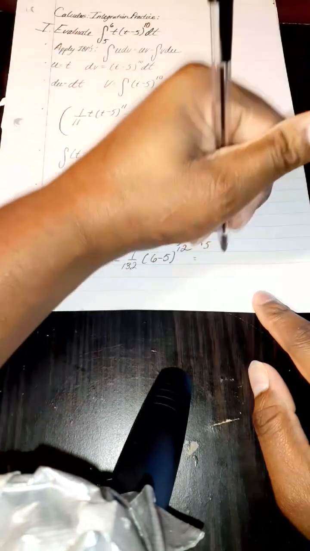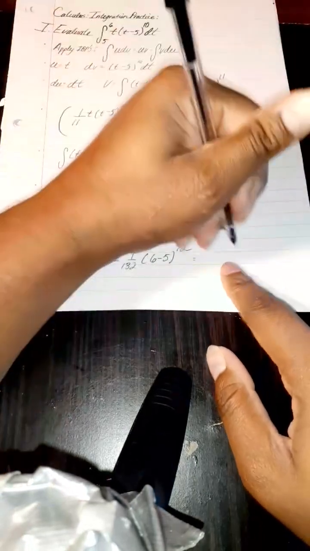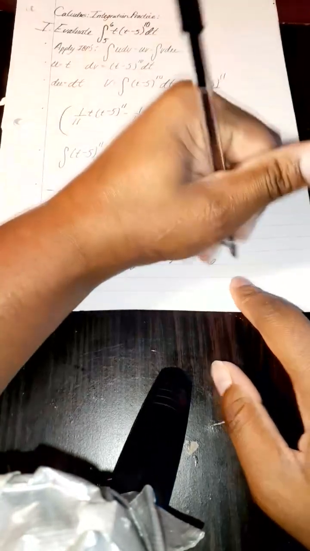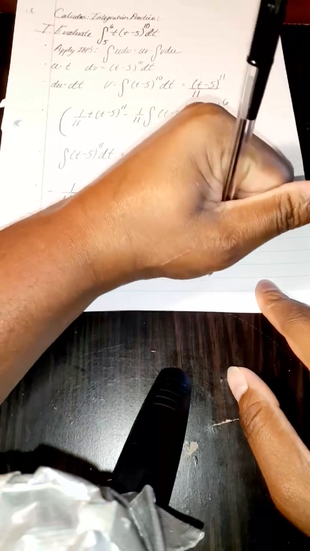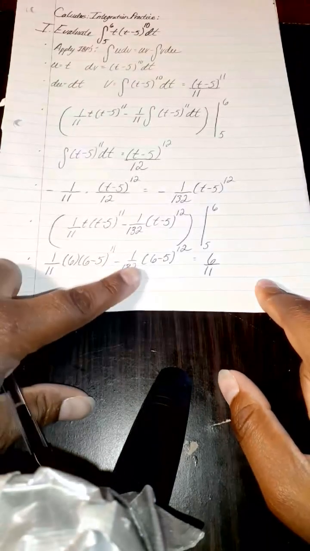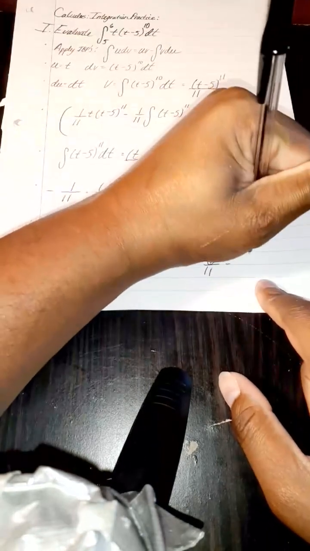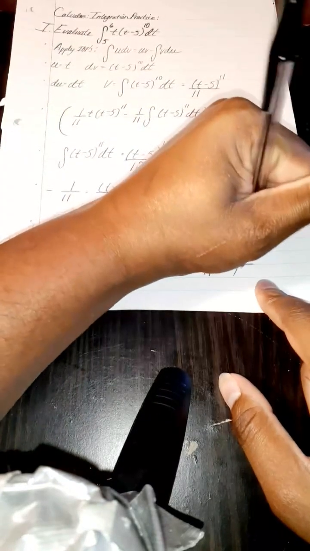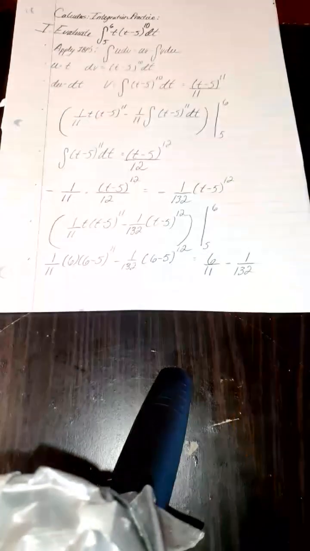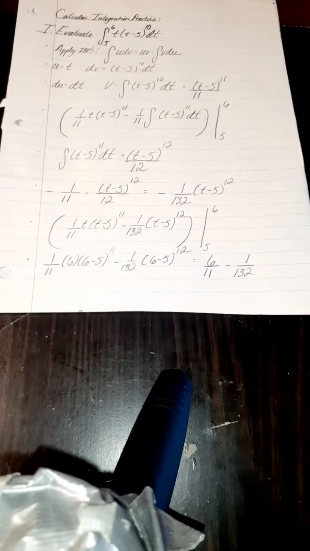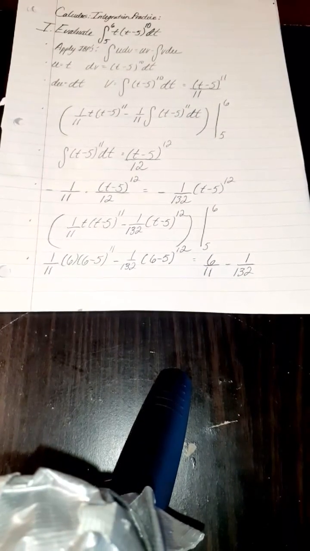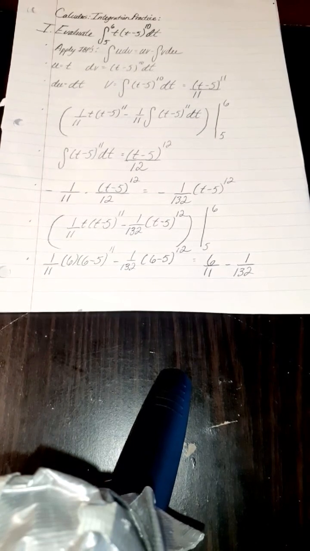So it looks like we're going to get 6 over 11, and that's going to be minus 1 over 132. Okay. Get my calculator here. I don't know what that is off the top of my head. We would have to get common denominators.